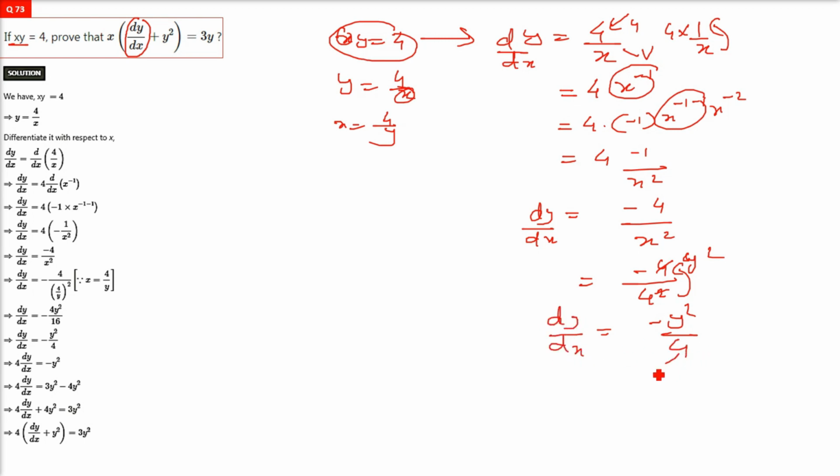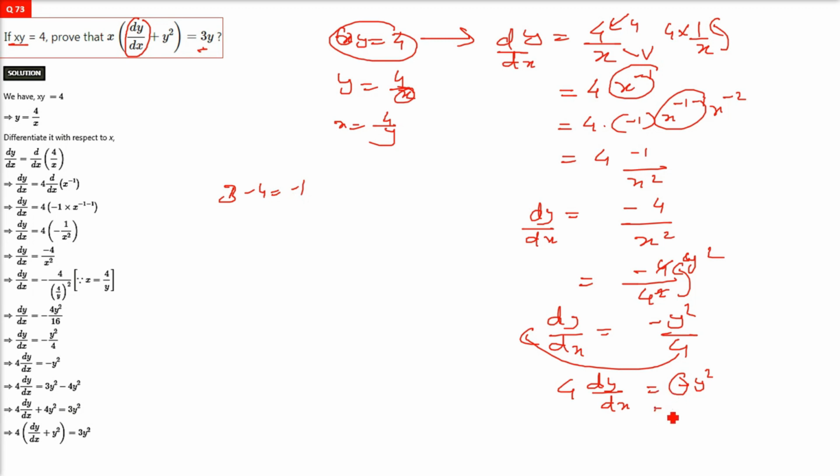Still we are not getting the answer. So 4 I will bring to the left hand side. It will be 4 dy by dx equals minus y squared. Still things are pending. We need a 3 instead of this minus. How can we get 3 from 4 and minus 1? 3 minus 4 is minus 1, that we know already.